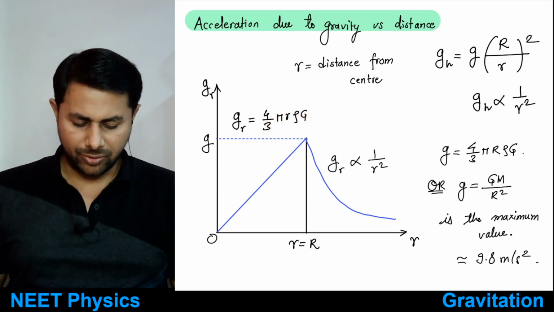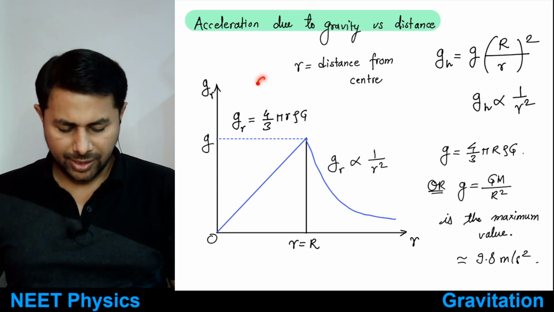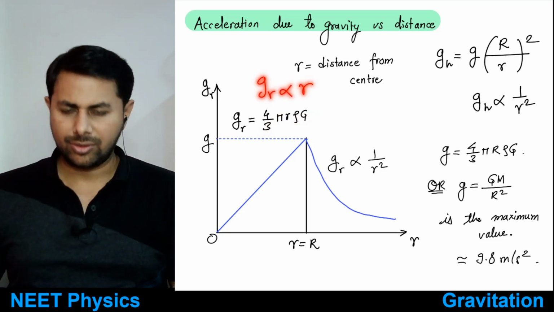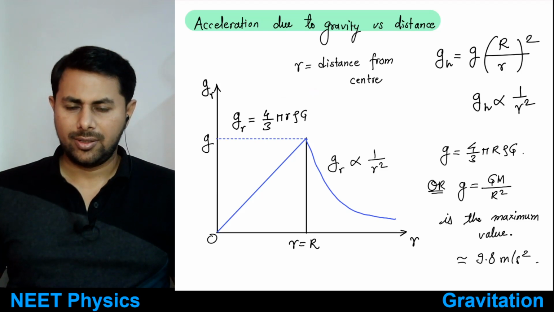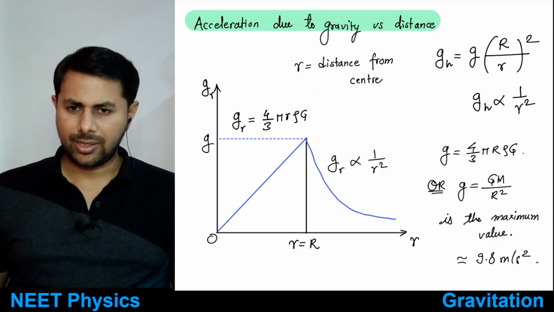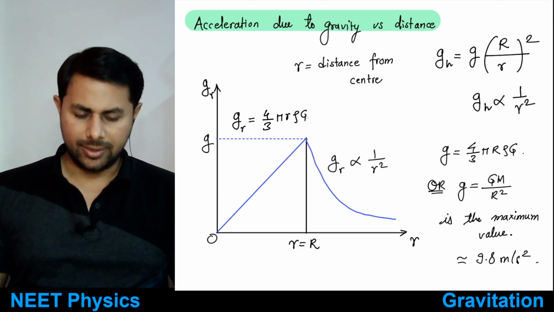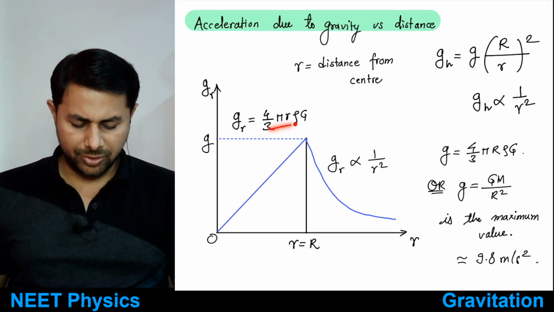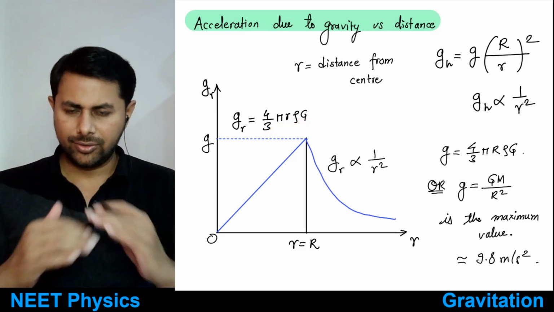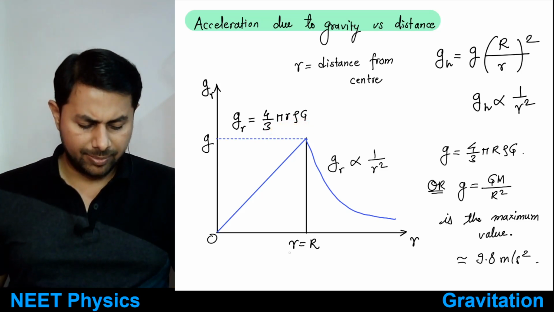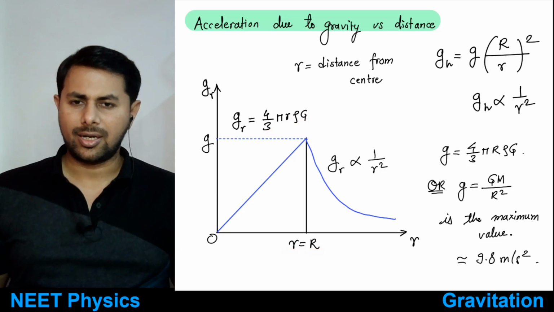We are assuming rho to be constant, so g at r will be directly proportional to r. Acceleration due to gravity at distance r from the center would be directly proportional to r. Till when can you use this formula? Till you reach the surface of earth, that means small r becomes equal to capital R.